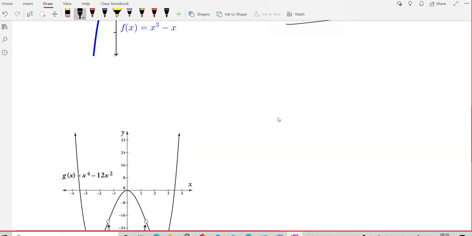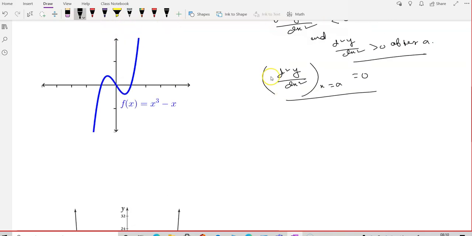Now some curves we can draw the graph and we can decide whether it is concave up or down. So take some examples to check the concavity or convexity. So you just write: check the point of inflection.